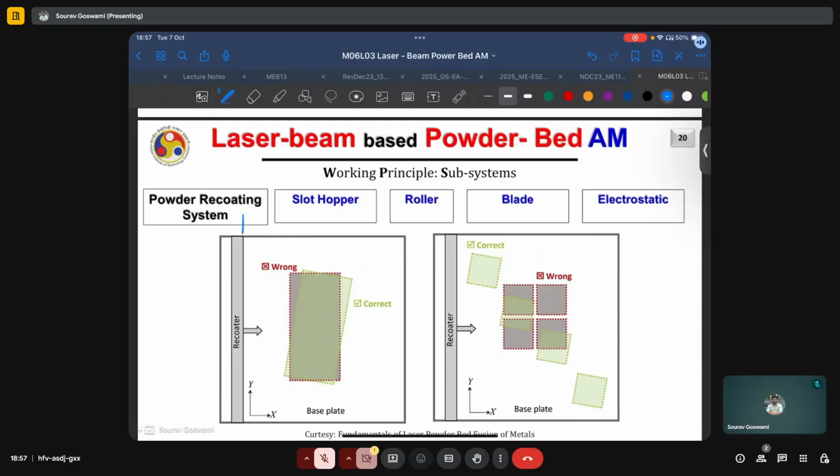If this is the recoater axis, in the red configuration, we see that it is also parallel to the recoater. And what happens then is that a very long section is in contact with the recoater at all times.